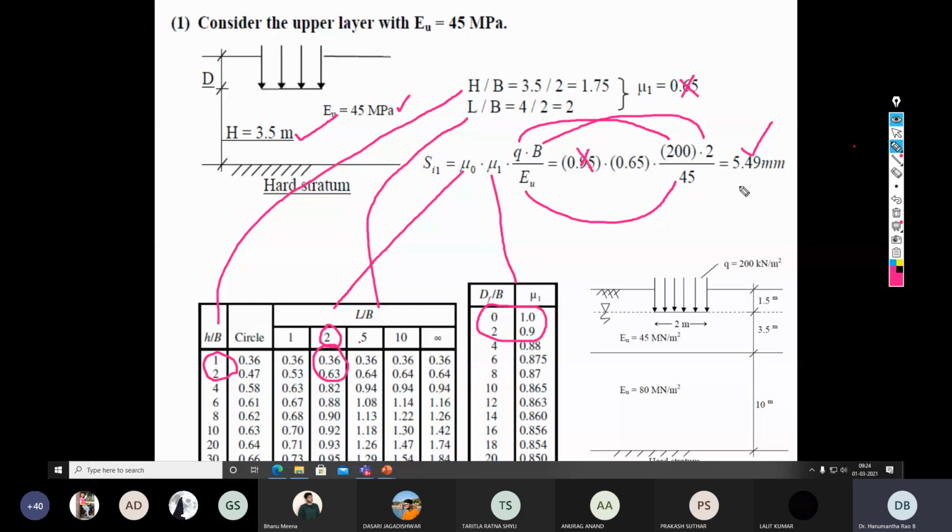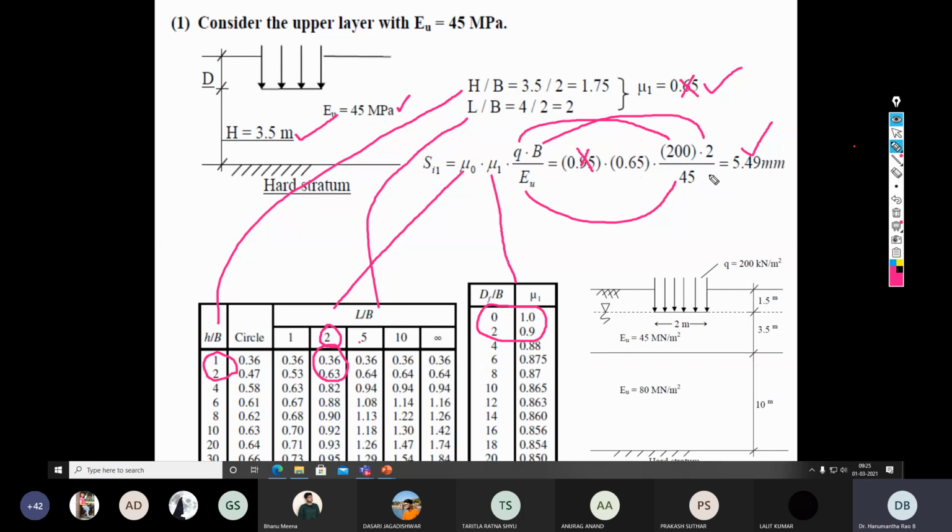It comes out to be approximately 5 millimeter, if not 5.49, because the values of mu0 and mu1 are not exactly 0.65 or 0.95. You will get approximately 0.66 or something, 0.60 or 0.55, whatever it is. So mu0 is about 0.6 and mu1 is approximately 0.95 or lesser than that.